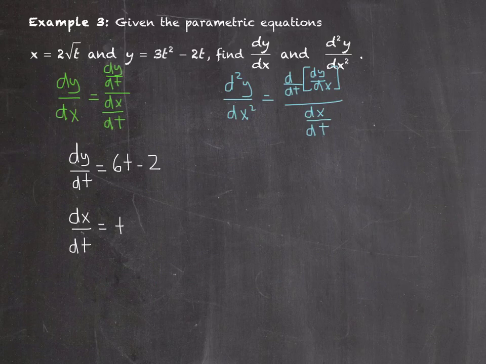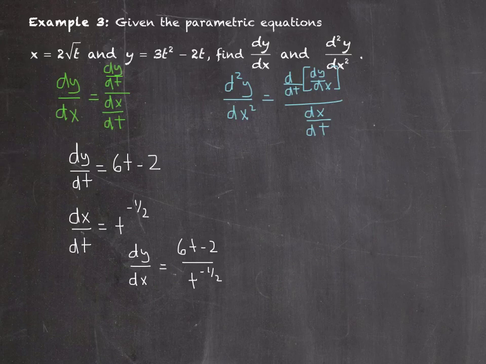All right, when you take the derivative, that's what you get. And now we're going to divide those, and so dy/dx is going to be dy/dt, which is 6t minus 2, over t to the negative 1/2.